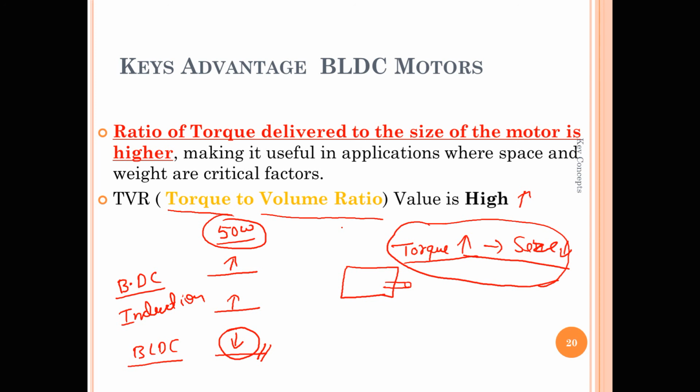There we can use BLDC as a new motor option that can offer you a very good torque to volume ratio, and in a very small size you can get good torque. So this is one of the biggest advantages.